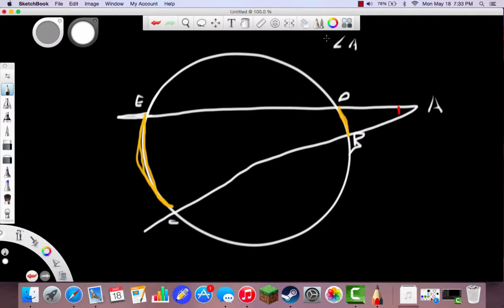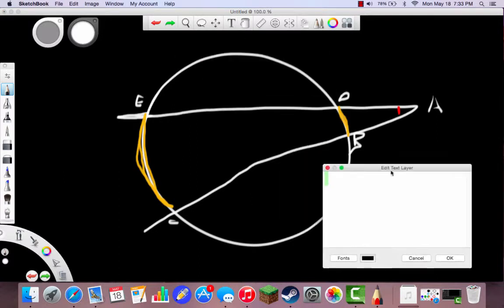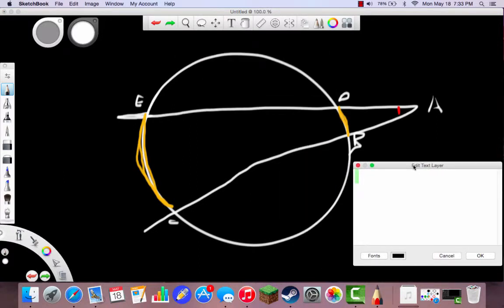Let me just write it out. By this theorem, we know that angle DAB is going to equal half of arc EC minus arc BD, or DB, whatever you want to call it.